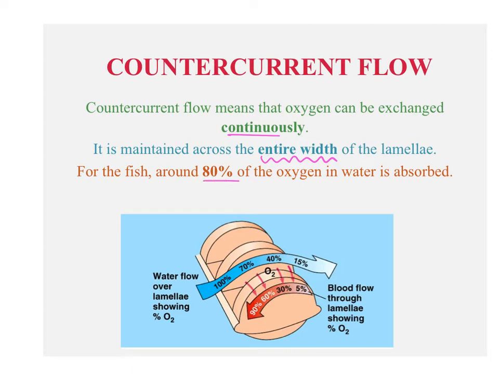And you might want to remember that this means that roughly 80% of the oxygen in the water is absorbed. You can see in this diagram, probably a little easier than in the other ones, that there's always a higher concentration of oxygen in the water versus the blood, maintaining that concentration gradient.